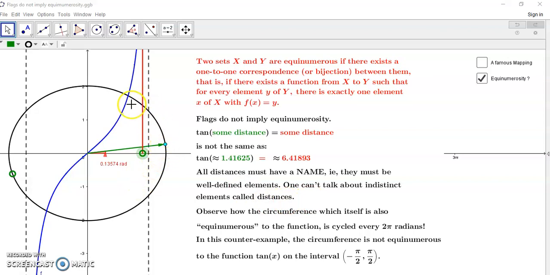And as you know, there is always a flag between any two flags, and so on. So it's not possible to name every one of those elements, so-called elements. And you cannot talk about indistinct elements in this definition, because in this Cantorian garbage definition, there is exactly one element of X with one element of Y.